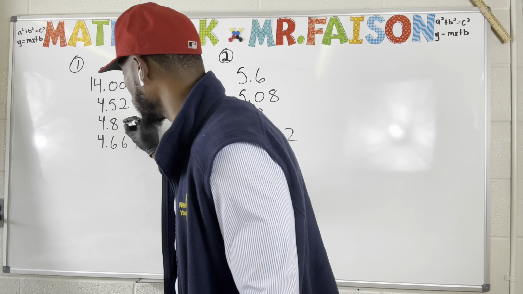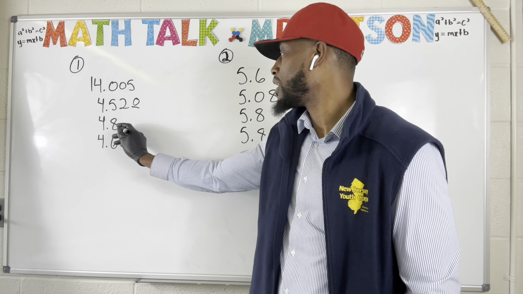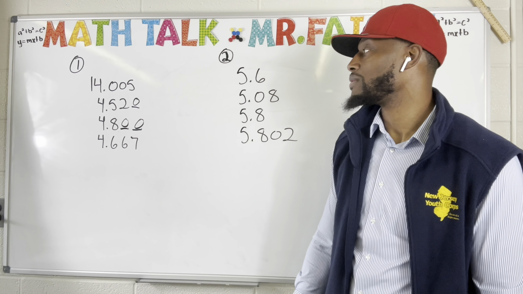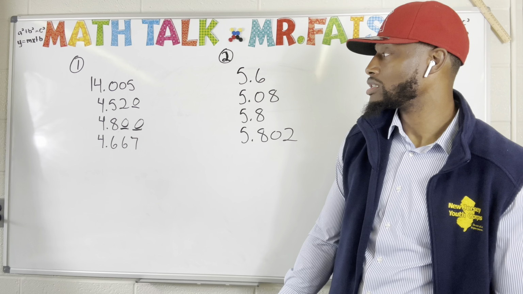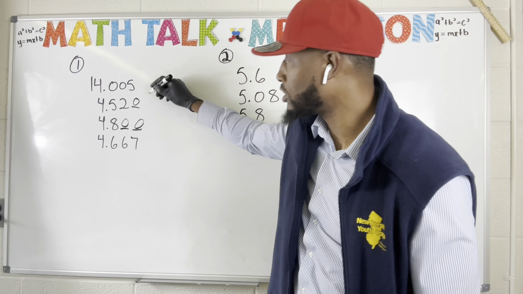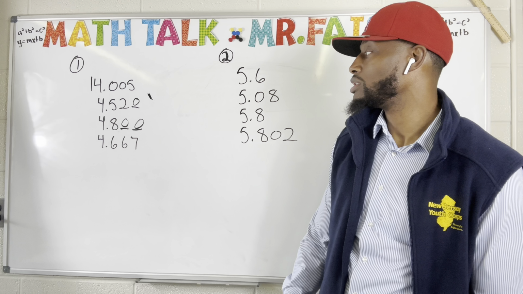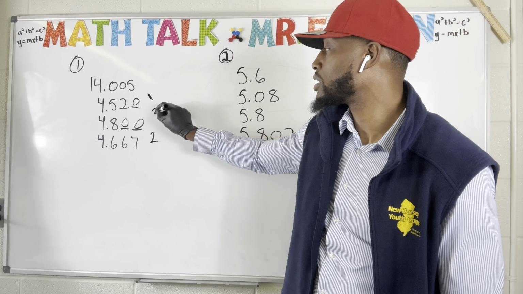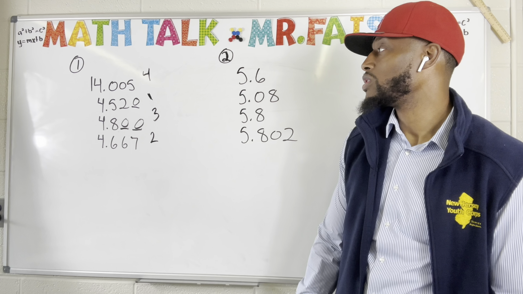So I'm going to fill them in, right? That's 0. That's going to be 0. That's going to be 0, right? So now we're looking from smallest to largest. This one right here is going to be my smallest one. This is going to be the second smallest one, third, and that's going to be the largest one, right?